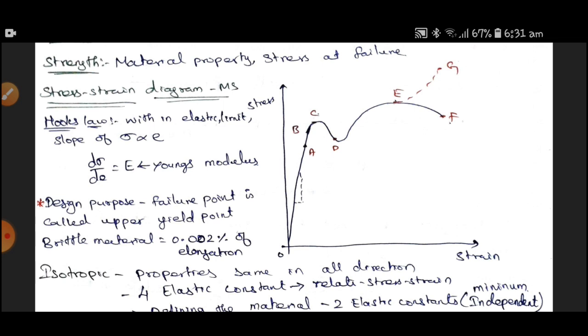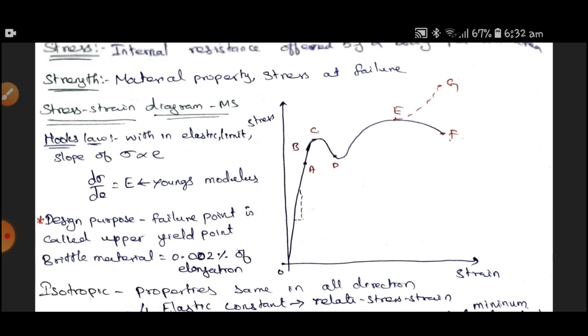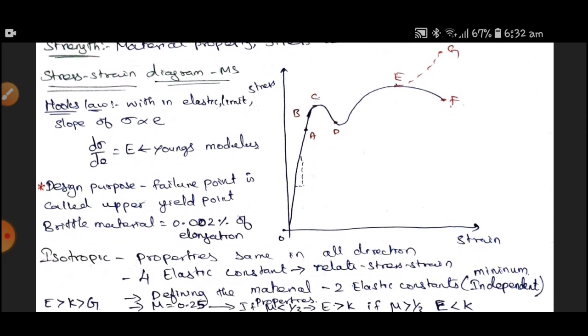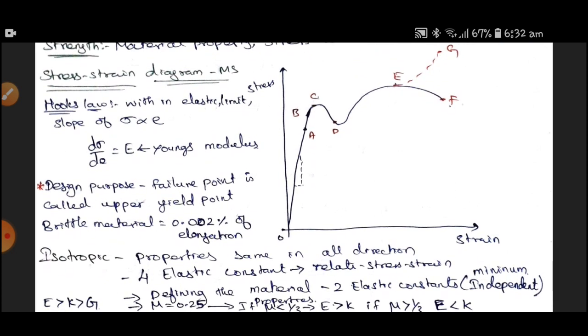From this graph, we have an idea about Hooke's law. Hooke's law is defined as: when the material is loaded within the elastic limit, the stress is directly proportional to strain. Or we can say, within the proportional limit, the stress is directly proportional to strain.